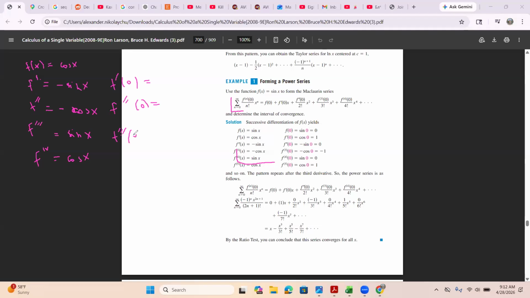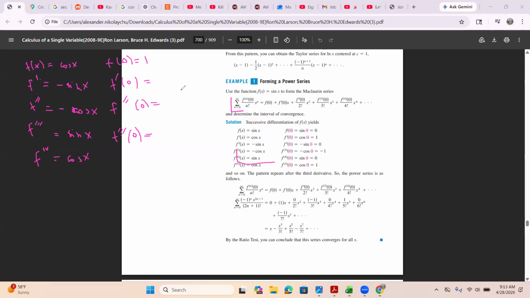And finally, the fourth derivative will be exactly the same as the function f of 0. When I decompose in the neighborhood of 0, the powers are going to be x minus 0, or just powers of x: first, second, and so forth. So cosine of 0 is equal to 1, remember?